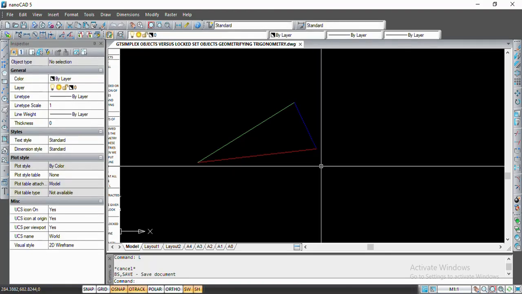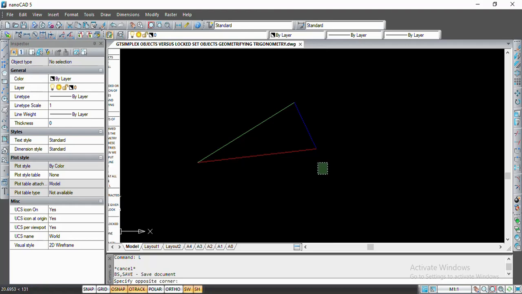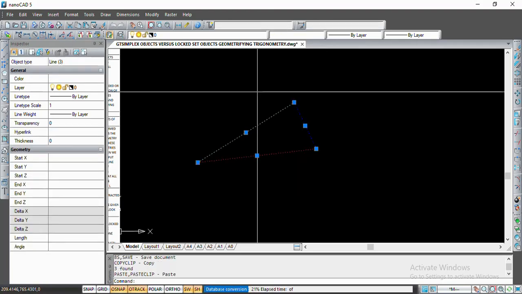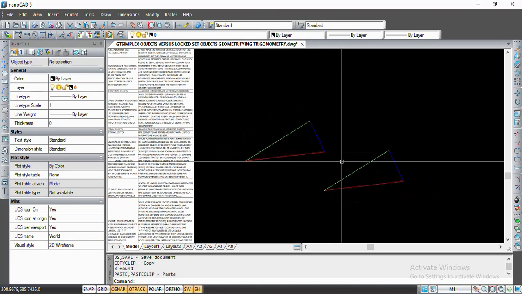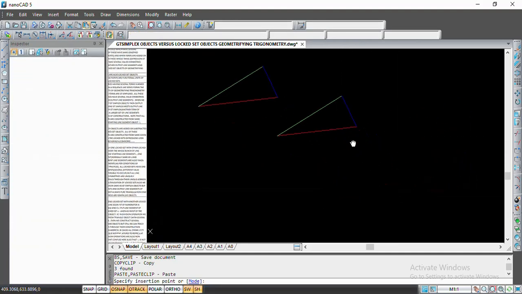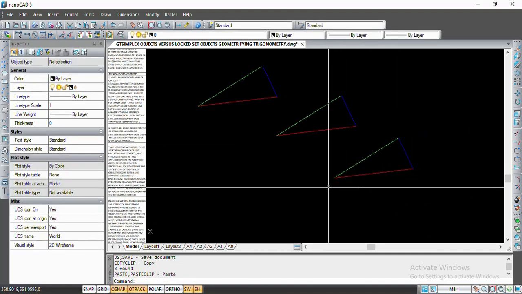This is a convention that I can show you. Now if we make several copies of this similar triangle, suppose I have made similar copies, we can take the dissimilar copies also.